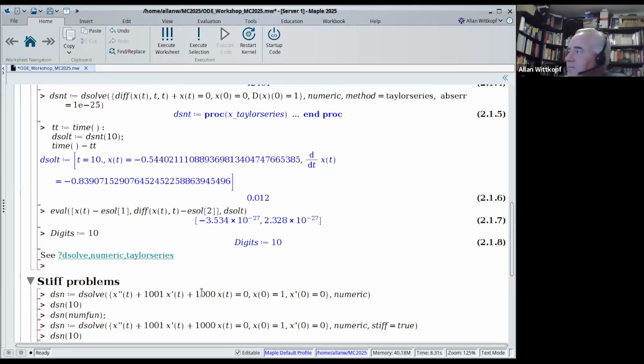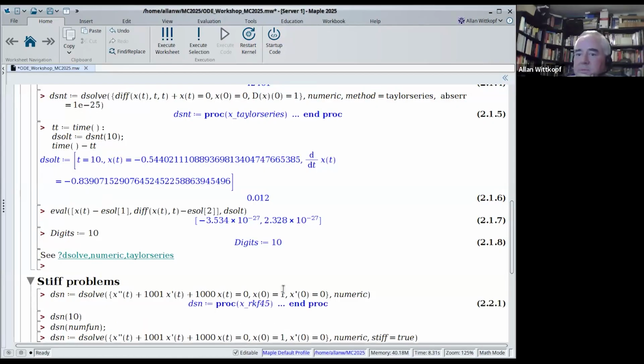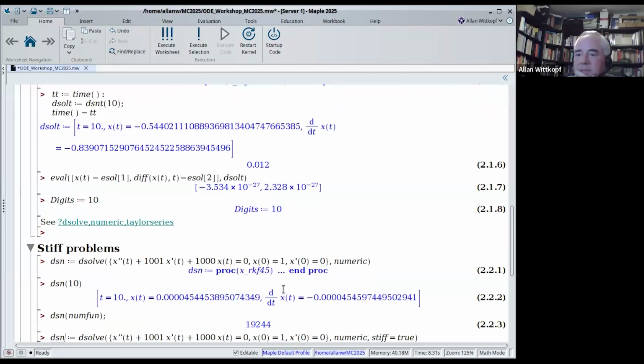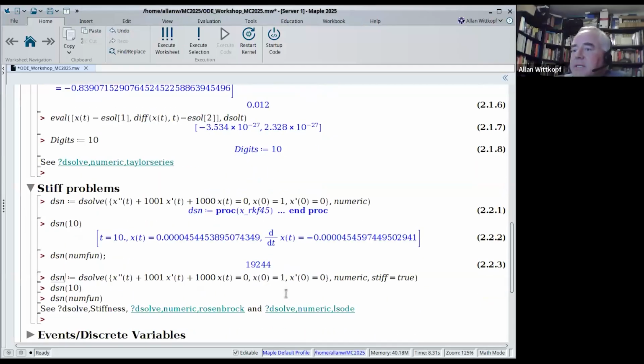Briefly, stiff problems. This is a standard stiff problem. We're going to attempt to attack it with just the standard RKF4-5 technique, and we can see that in order to compute the solution out to t equals 10, took us roughly about 20,000 function evaluations.